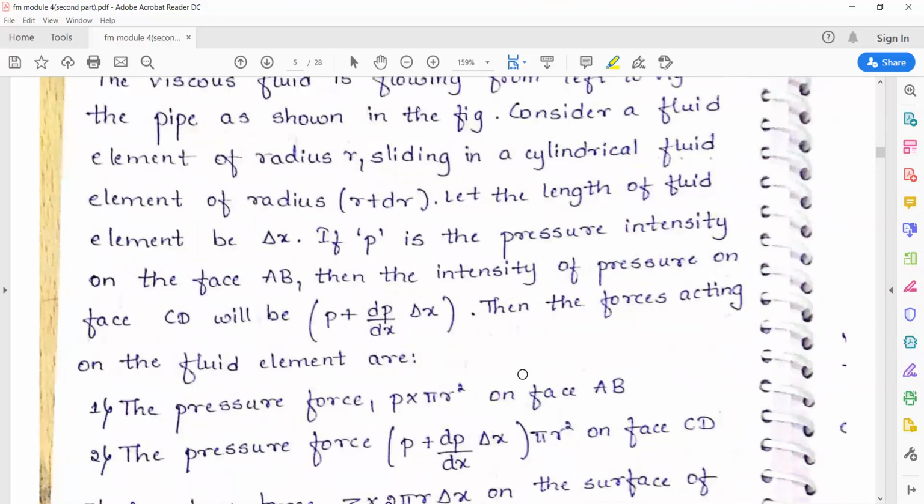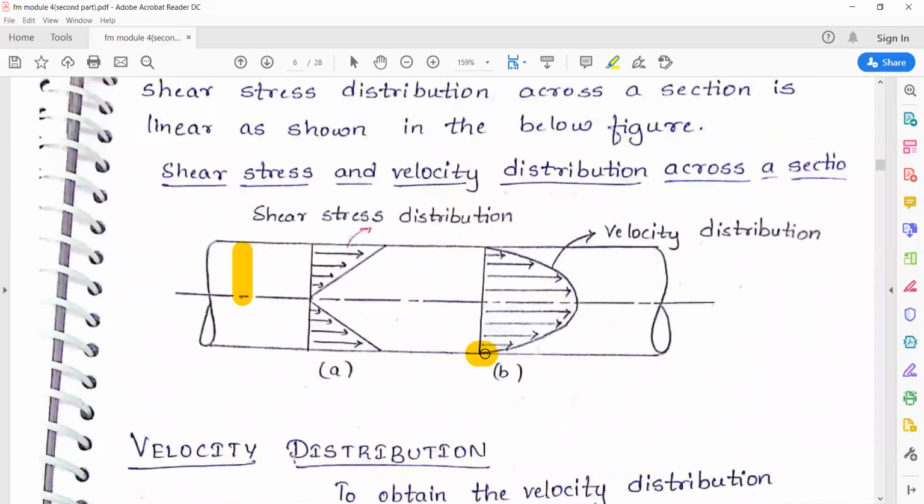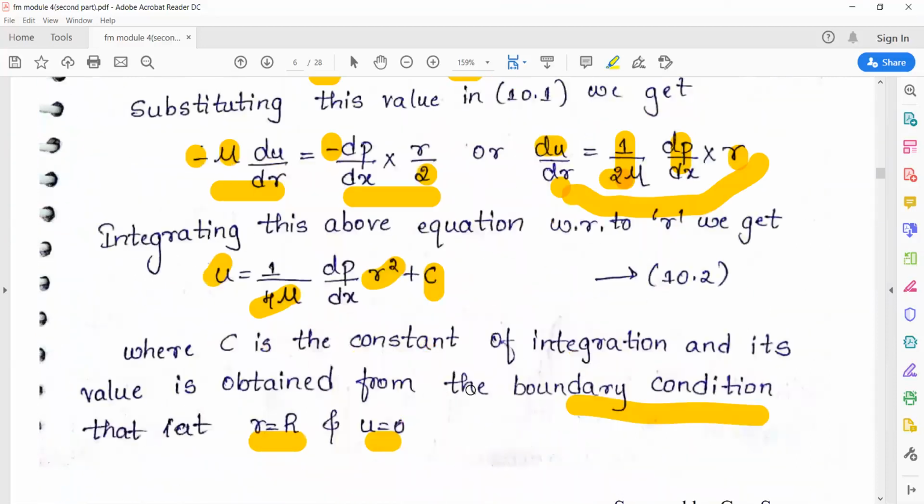Velocity becomes 0, right? You can see here the velocity on the surface is 0. When small r becomes capital R, the velocity becomes 0.